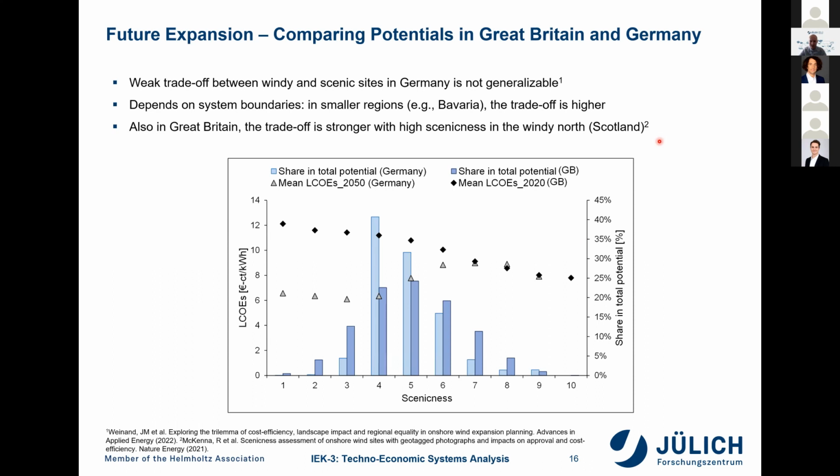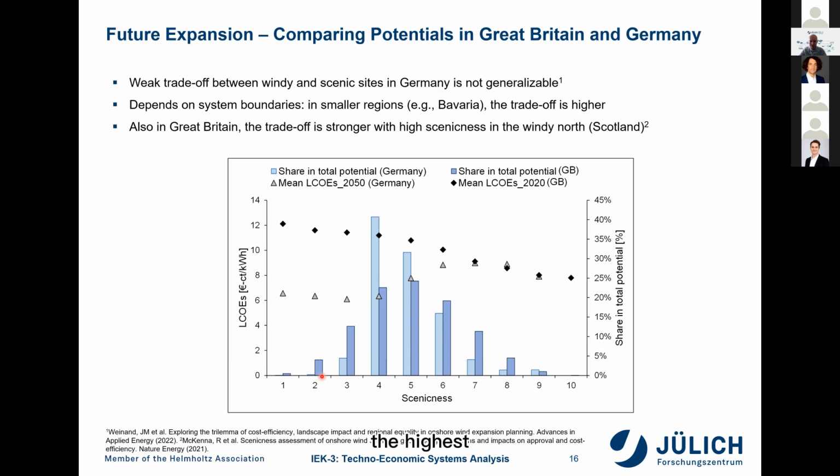We see this in this figure where we show the LCOEs over the scenicness values and the potentials. In this case, the LCOEs for Great Britain are based on a study for 2020, whereas the LCOEs for Germany are for 2050. But what we can see is that the LCOEs decrease in Great Britain with increasing scenicness.